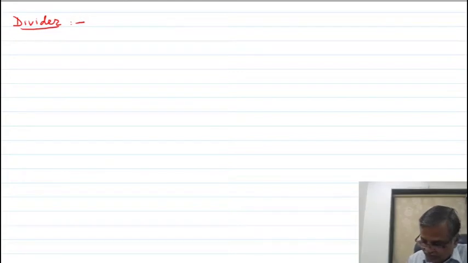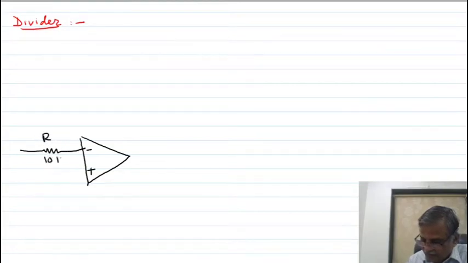I am showing you the circuit diagram of a divider circuit in which you are keeping a multiplier IC in a feedback path of the operational amplifier. I want to divide this Vz signal by Vx signal.